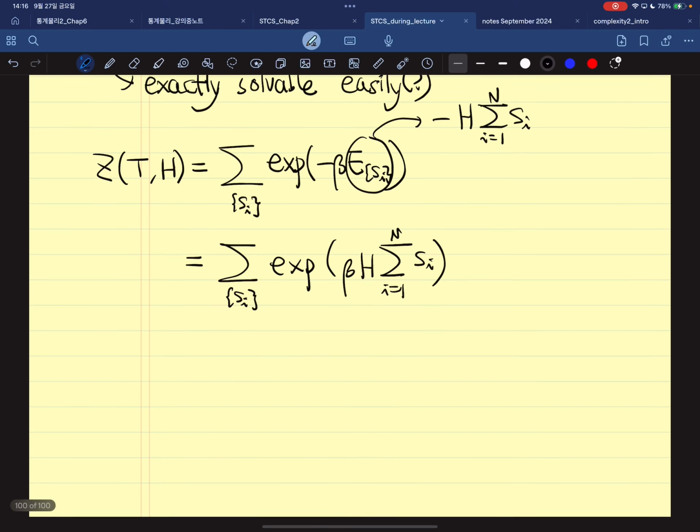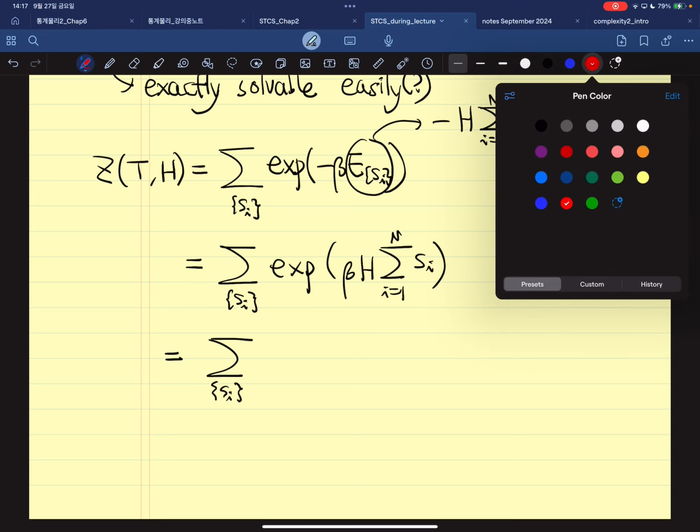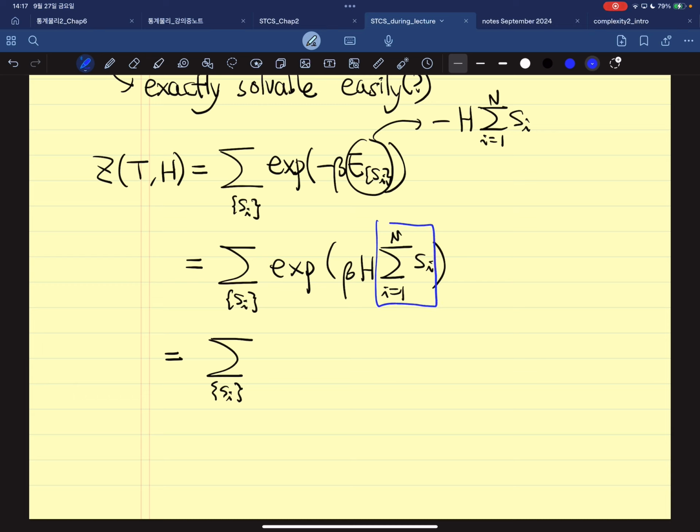And here, I will go through every step because this is the first calculation of this kind. This exponential term is essentially the simple summation from S1 to Sn.